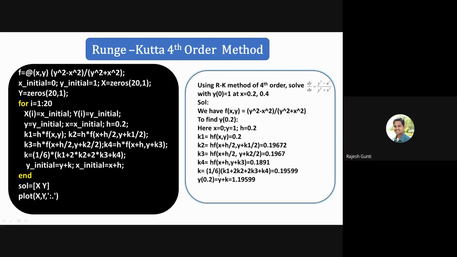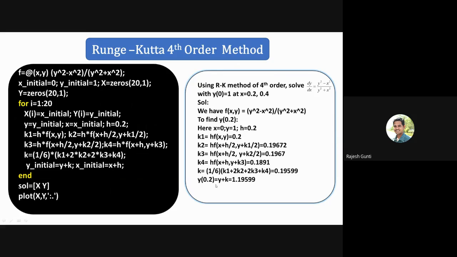That is this value. Finally, we'll calculate k value. K value is 1/6 of k1 plus 2k2 plus 2k3 plus k4. Function value y at 0.2 is y plus this increment value. This is the solution at x is equal to 0.2.